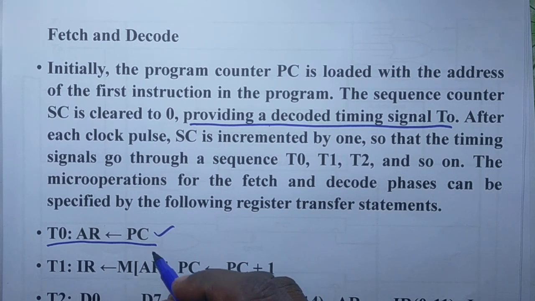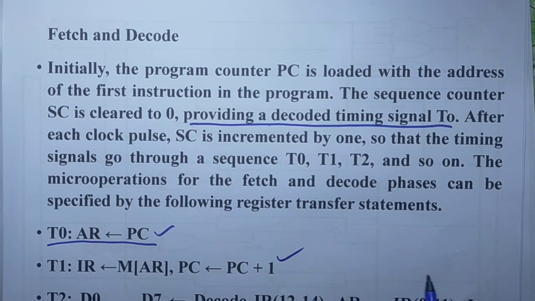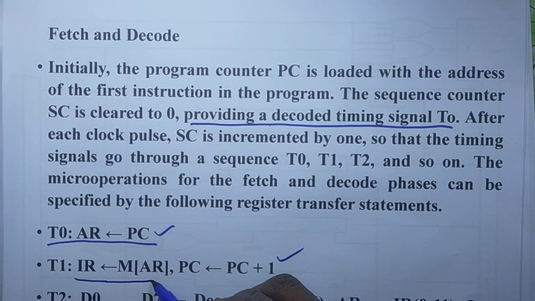Initially, the program counter is assigned to the address register for the instruction. After that, the program counter increases after the next clock pulse, the T1 clock pulse, and at that time the instruction available at the address register in memory is transferred to the instruction register, because the instruction is now available in memory.